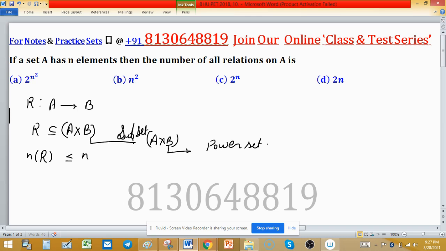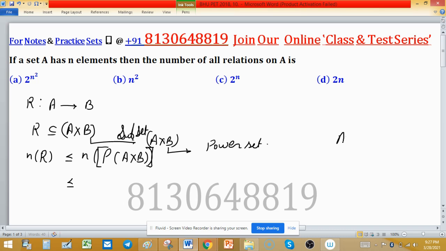So the number of relations, using square brackets to clarify our distinctions easily, is less than or equal to the power set of A cross B.